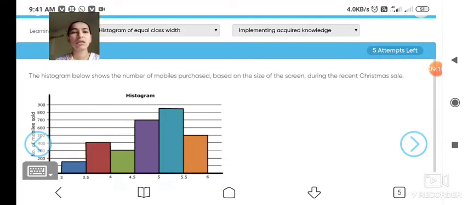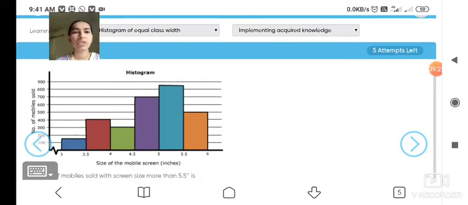Now the next one: the histogram below shows the number of mobiles purchased based on the size of the screen. During the recent Christmas sale, this is a histogram, and the size of the mobile is on the horizontal line and the number of mobiles sold is on the vertical line: 100, 200, 300, 400.